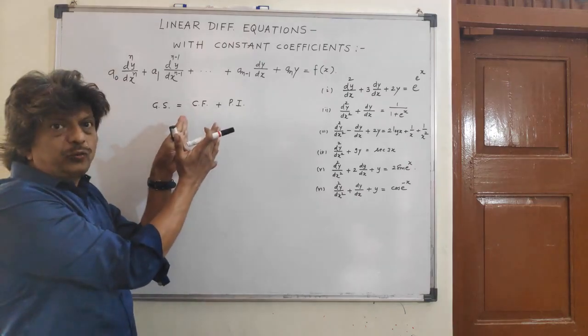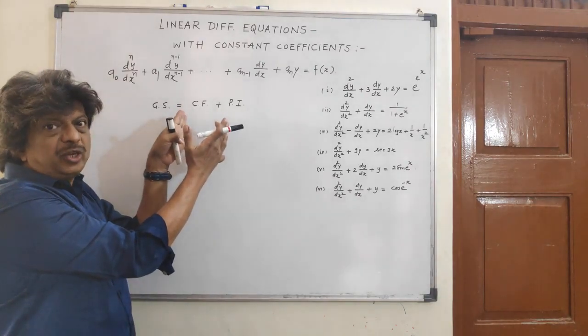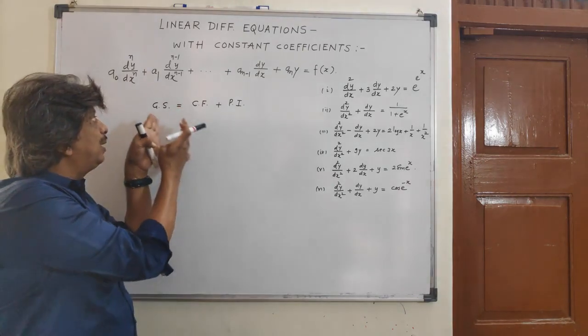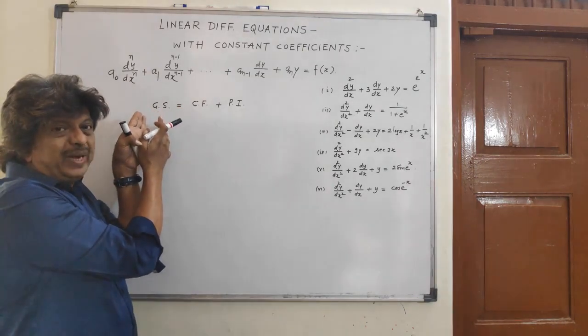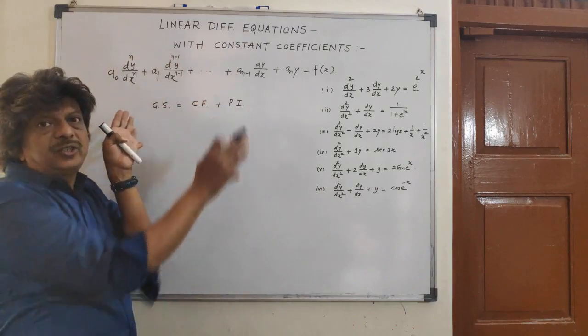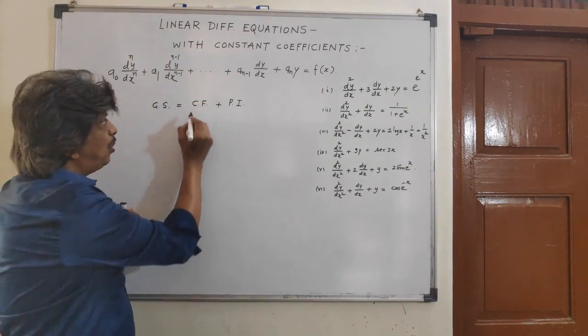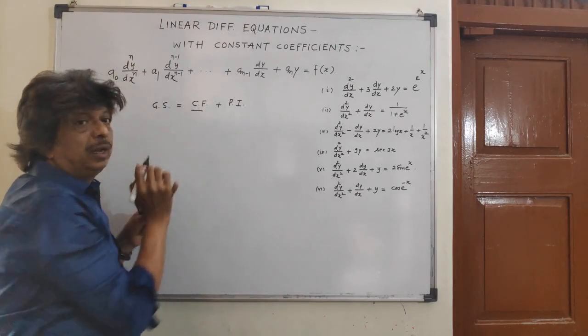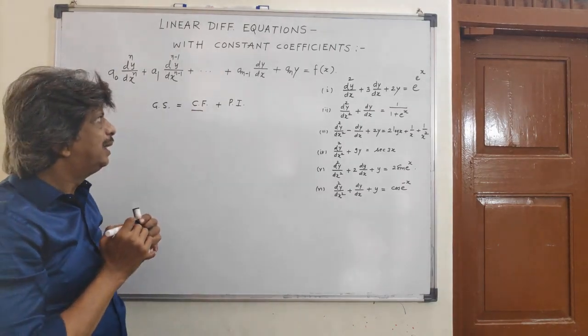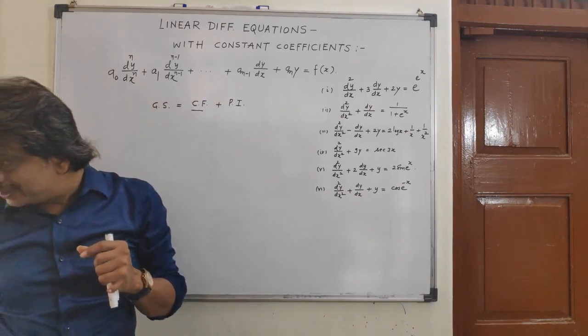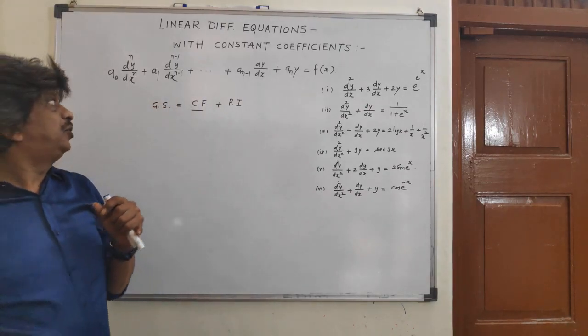The summation of these two different functions constitutes your general or complete solution of the linear differential equation with constant coefficients. Today we shall concentrate on finding the complementary function, so in today's lecture we shall determine the complementary functions of such linear differential equations.